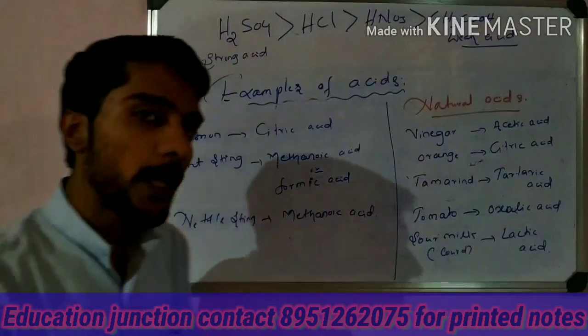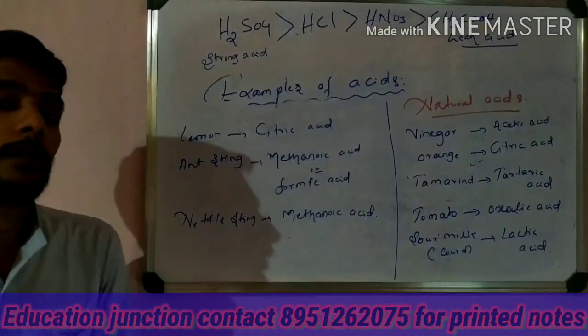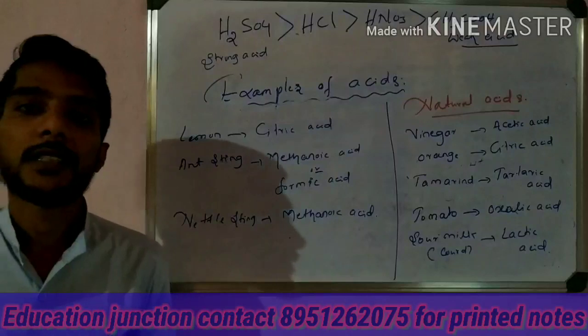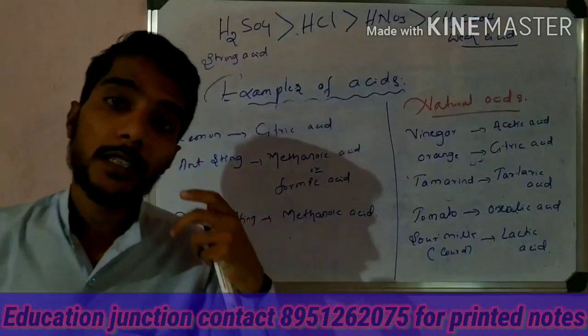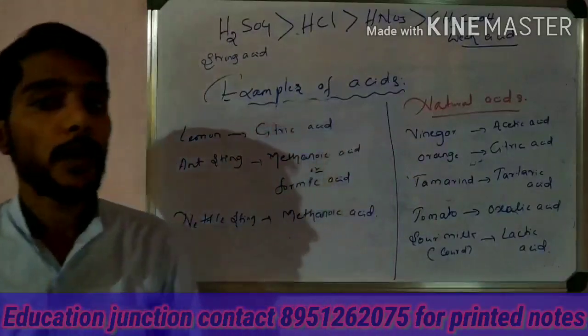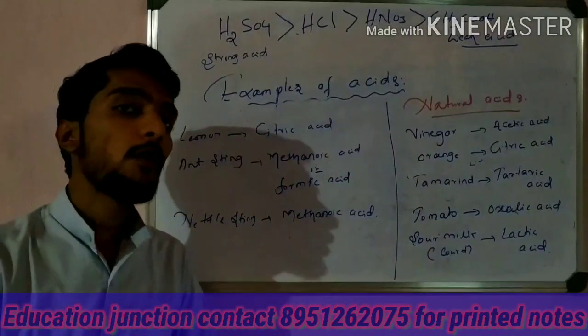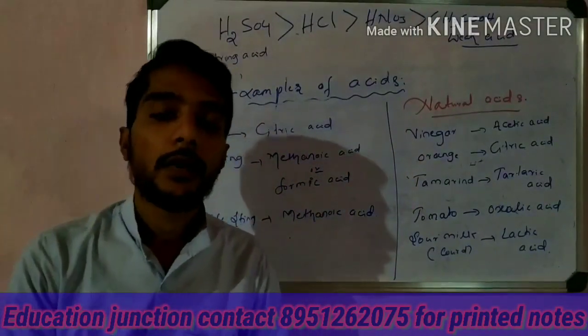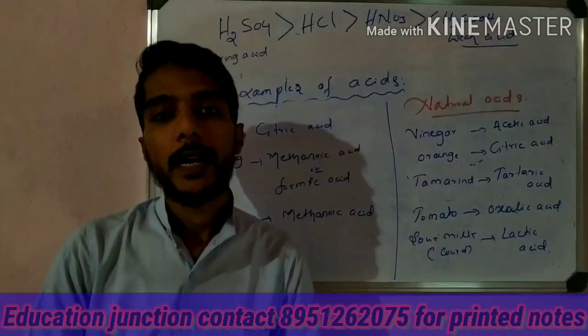Here we have to study acids deeply: the meaning of acids, the properties of acids, and different examples of acids. Examples of laboratory acids are sulfuric acid, hydrochloric acid, nitric acid, and acetic acid.